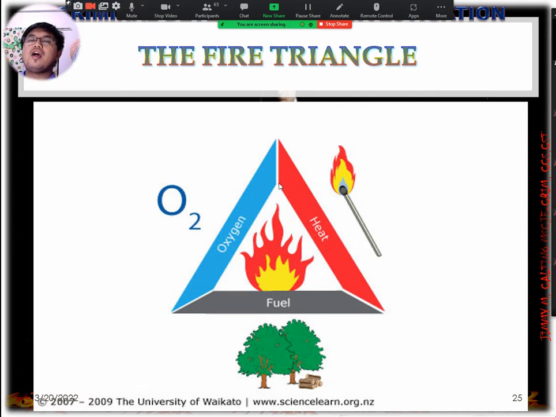The fire triangle, gentlemen and ladies, only shows us what is needed to make a fire. It does not mean that when we say there are the three elements of fire, there is fire. Because you see, you have the oxygen.